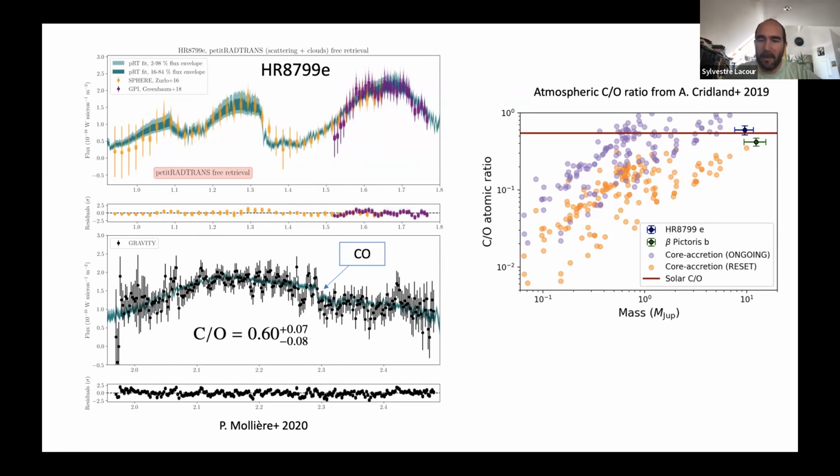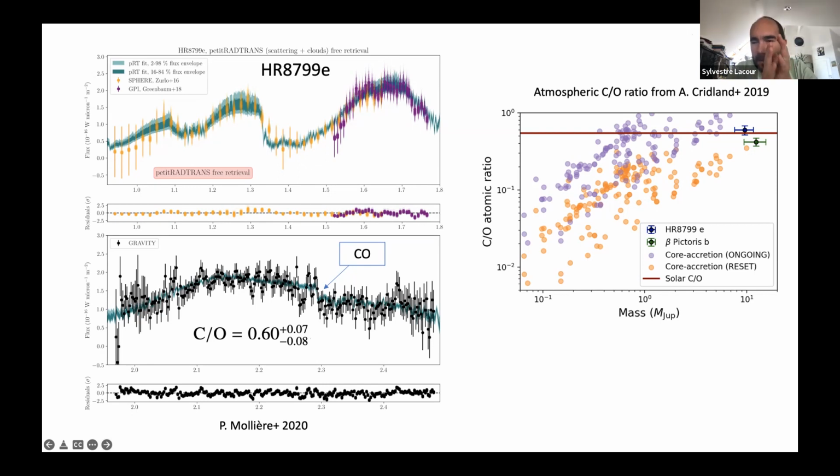For the example on the right here, on the left it's the same thing as before, but on HR 8799e. And on the right, you have two different chemistry processes happening in the protoplanetary disk. One is the reset, the second one is ongoing. It's how the carbon is released into the gas. You can read the Alex Cridland paper to know more about that.